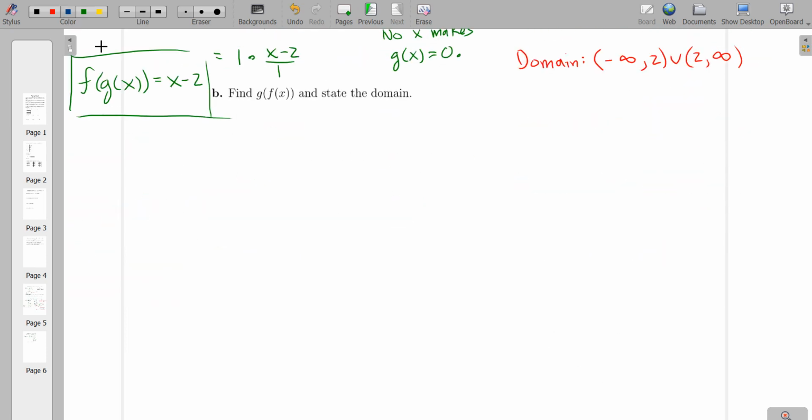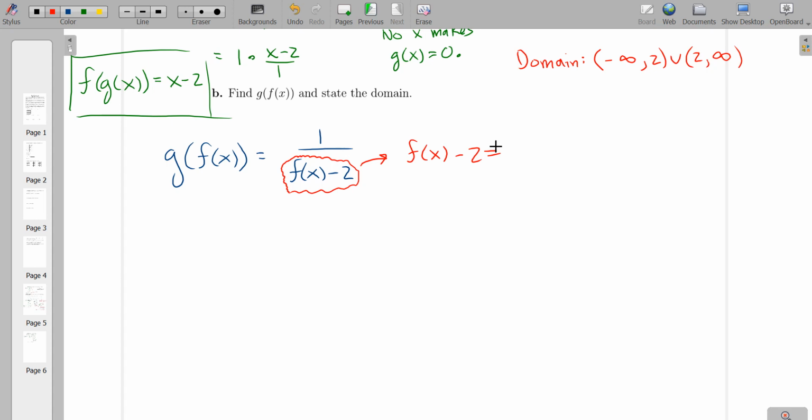All right, and then finally, g of f of x. So this is going to be 1 over f of x minus 2. And so for starters, before we even simplify further, we can say, all right, I need to make sure that f of x minus 2 does not give me 0.